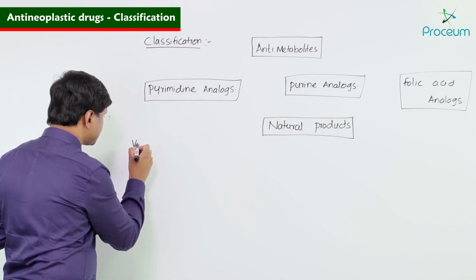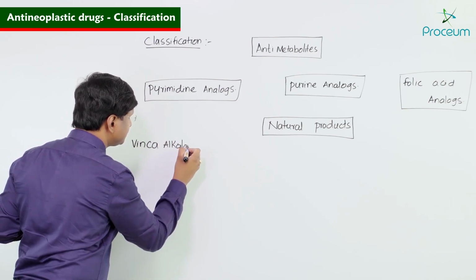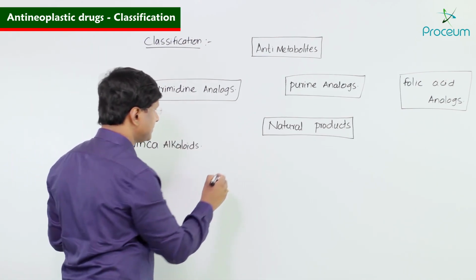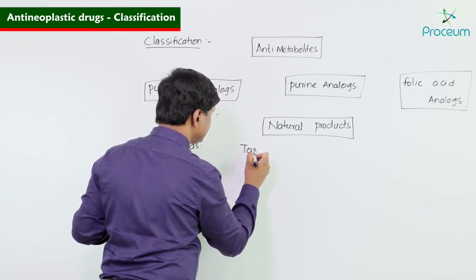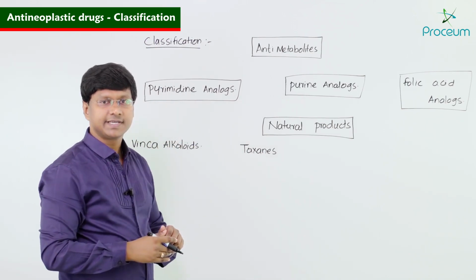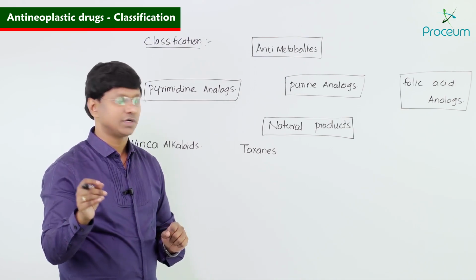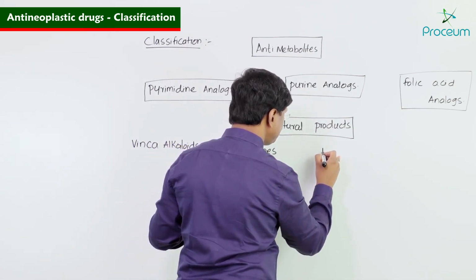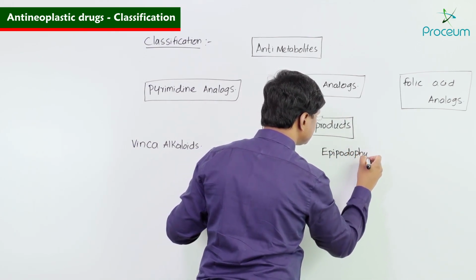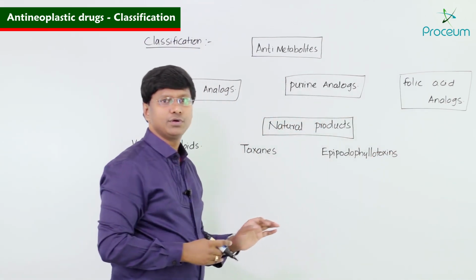Natural products include Vinca alkaloids, taxanes, and the other group of drugs is epipodophyllotoxins.